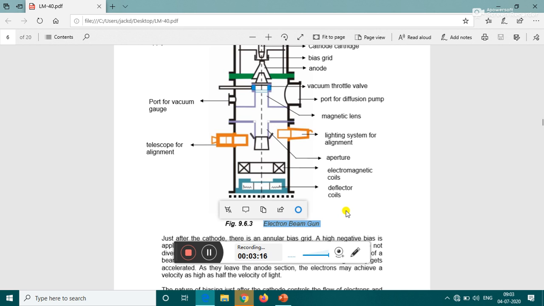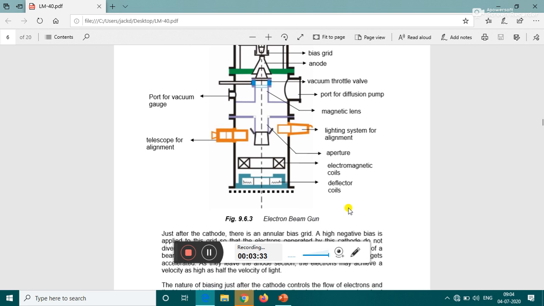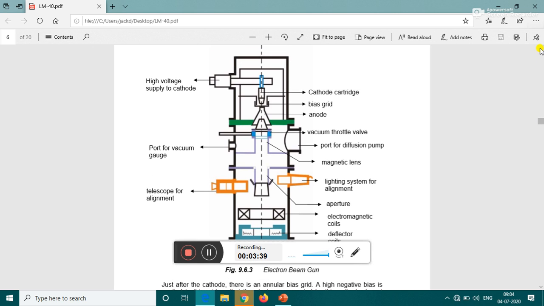The rest is simple, right? The beam has to collide with the surface of the workpiece, melt it, and machine it. So the most important thing is producing the electron beam, and the electron beam gun is what produces it. If the working is asked, you just need to draw this diagram and explain its parts.